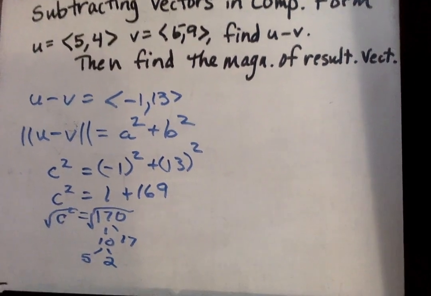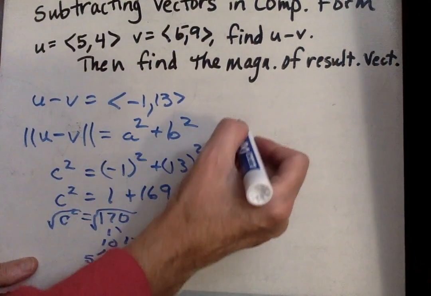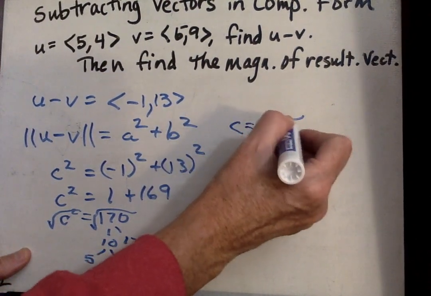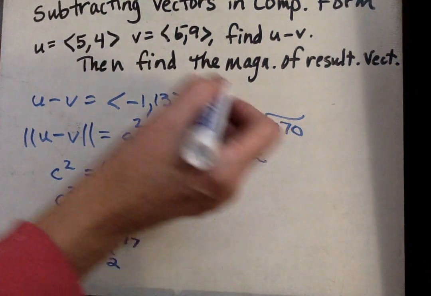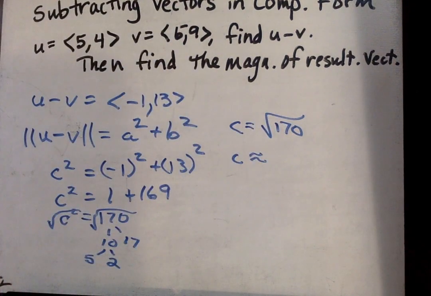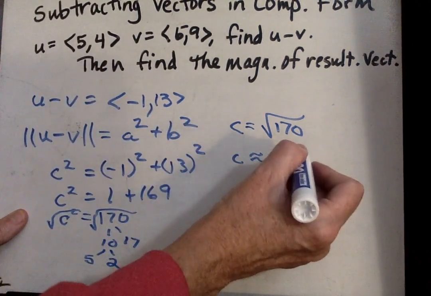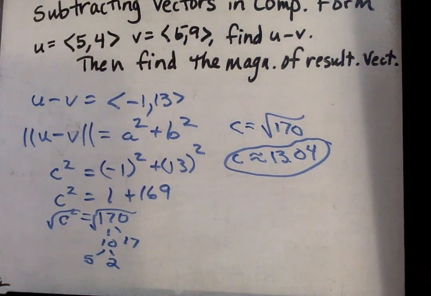Okay. So there's nothing that will go into it evenly, so I'm going to say c equals the square root of 170. C is approximately equal to the square root of 170, 13.04. We're going to round to the nearest hundredth. Okay, and there you go.